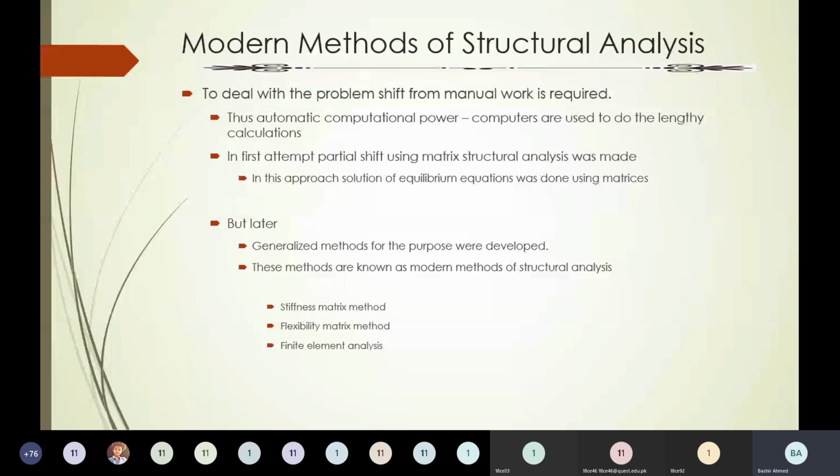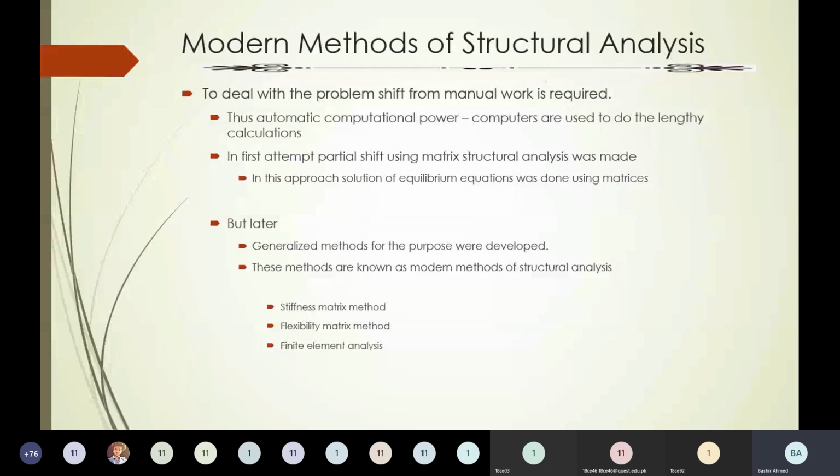Unluckily, what I believe and observed, this matrix structural analysis, which is an important thing, is not included in our syllabus by HEC, by ourselves, or by PEC. So we are basically missing this thing.